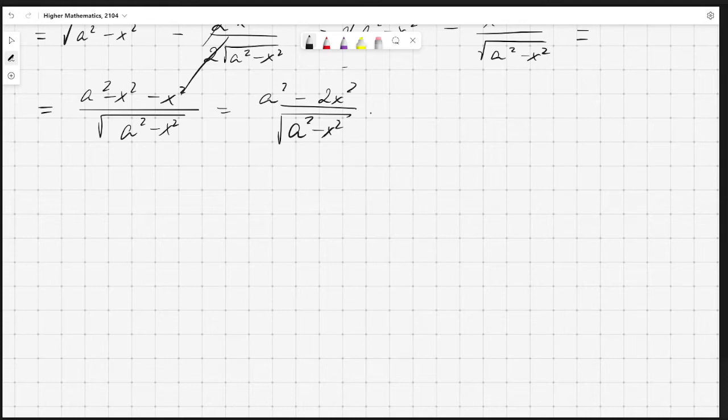Next, number 195. U is arc cotangent of v plus a over 1 minus a times v.